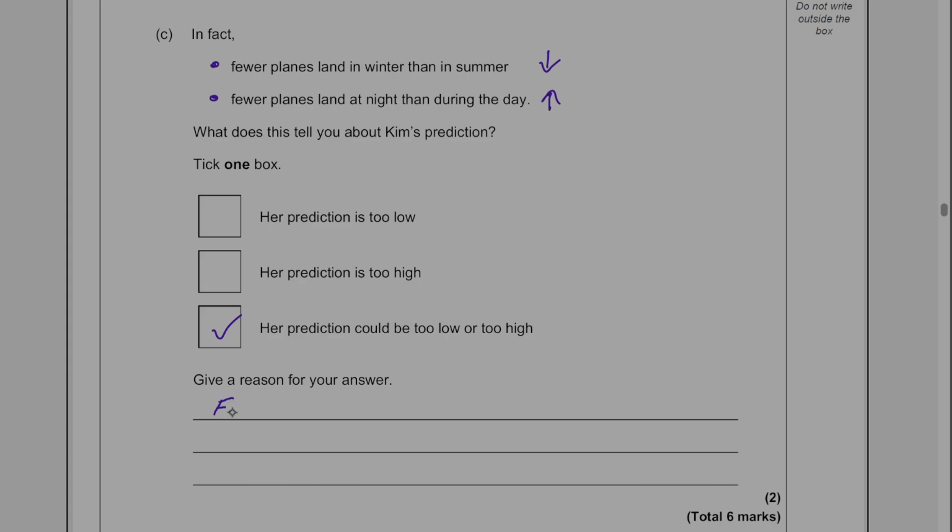So fewer planes in winter means an underestimate.